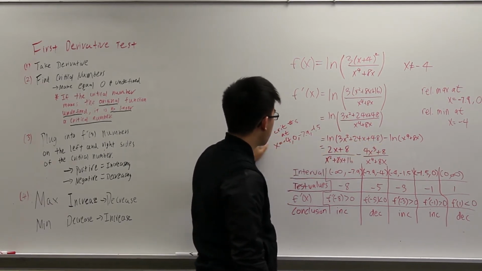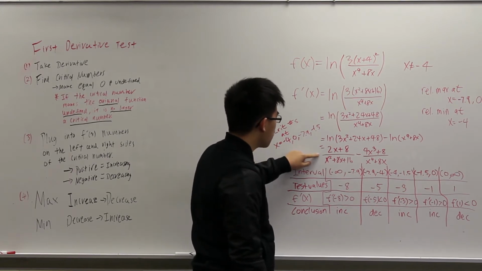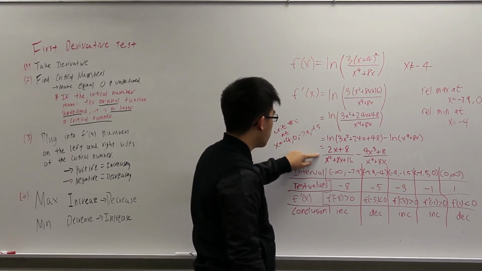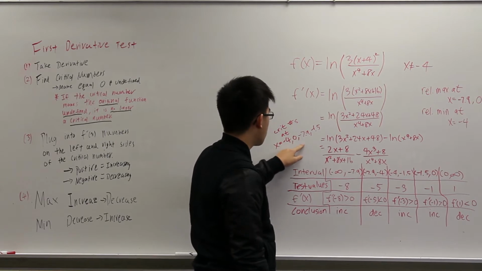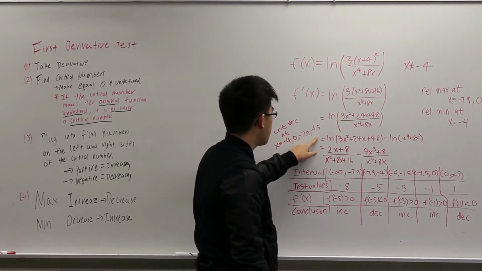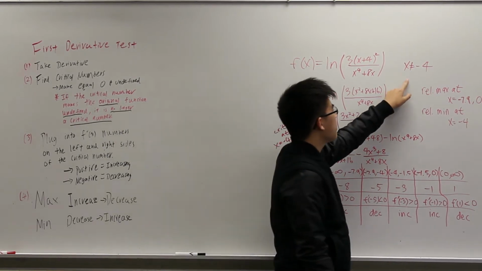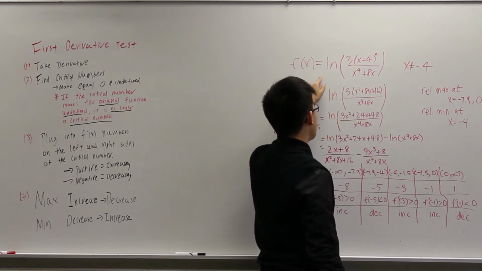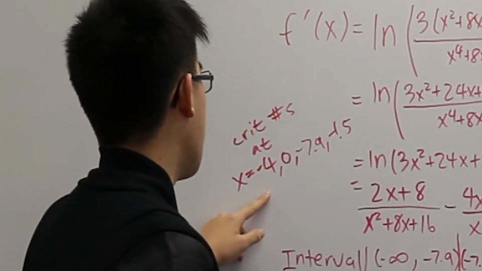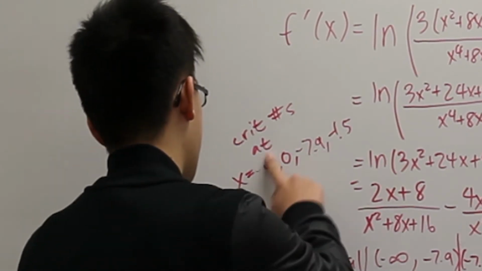And to find the critical numbers, you set this equation equal to 0 or undefined, which gives -4, 0, -7.9, and -1.5. But because -4 makes the original equation undefined, -4 cannot be a critical number.